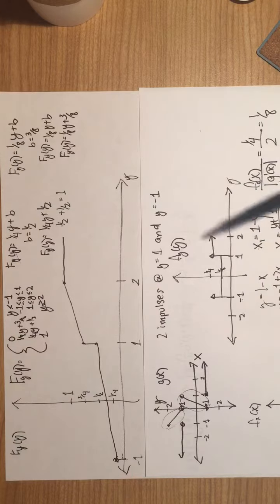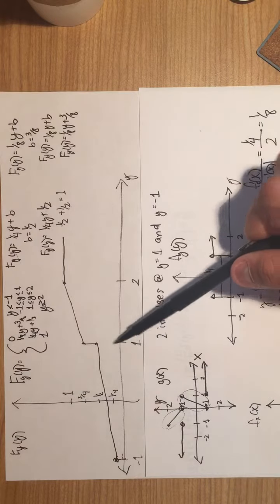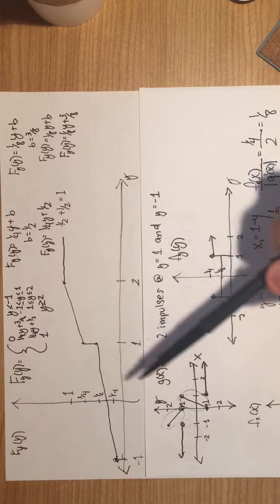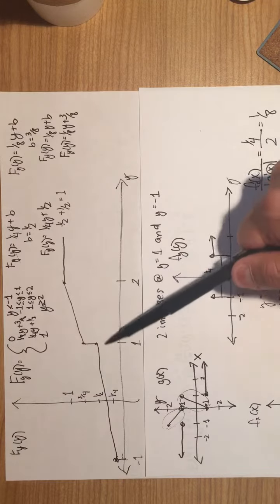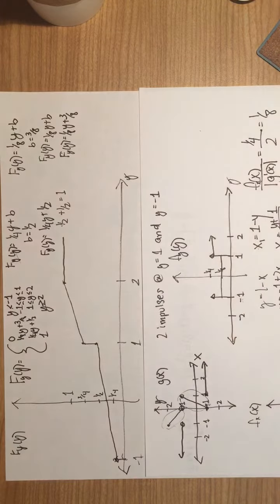At 1, there's another jump of 1/4, and then you want the slope of this line, which is 1/4 because of this little f of y value right here. So big F of y equals 1/4 y plus b, with b equaling 1/2.